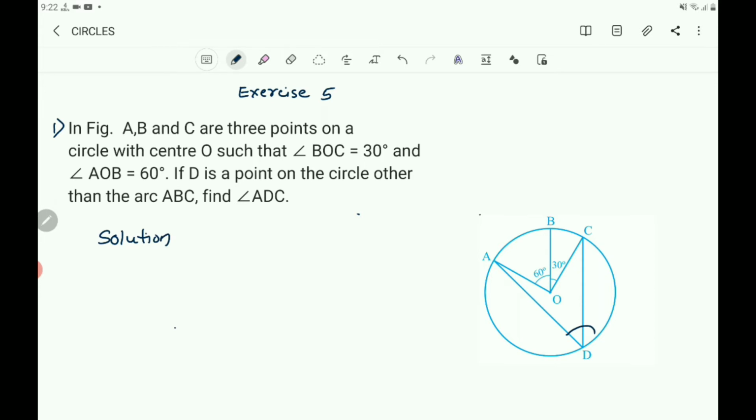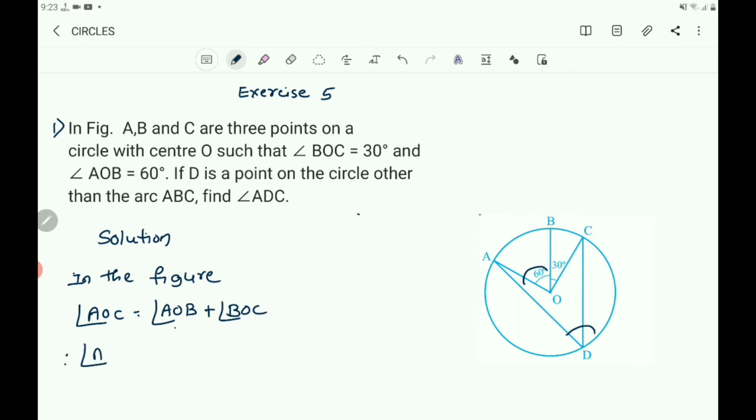Here you write, in the figure, angle AOC equals angle AOB plus angle BOC.